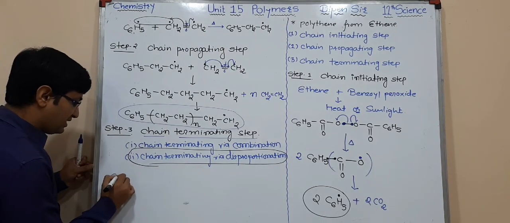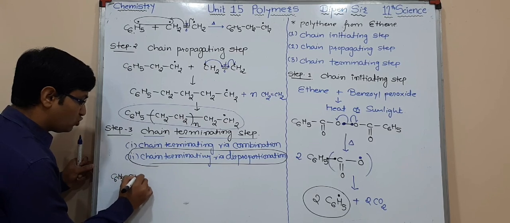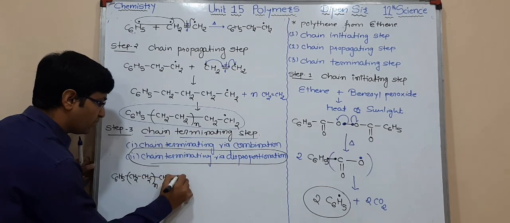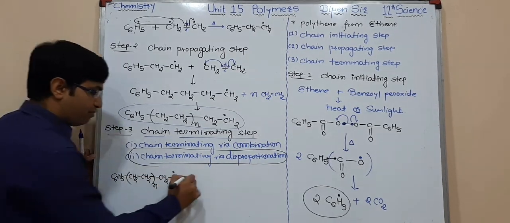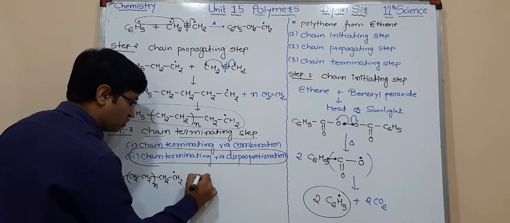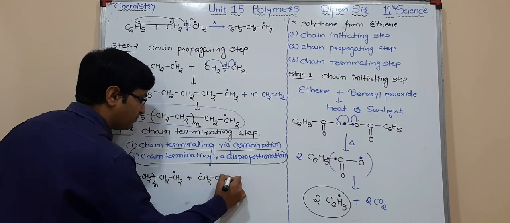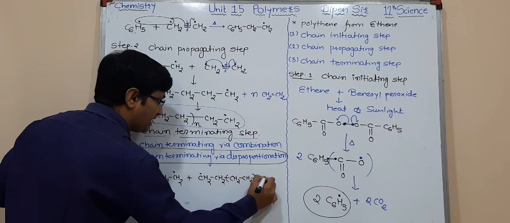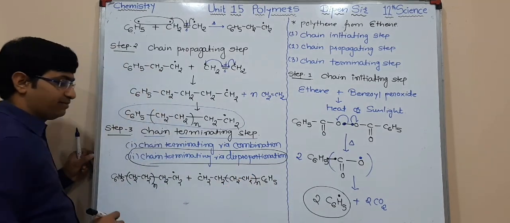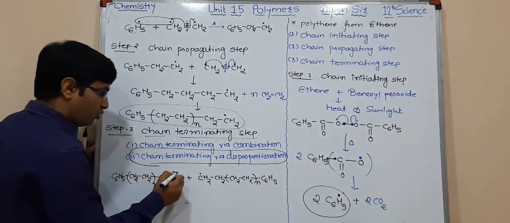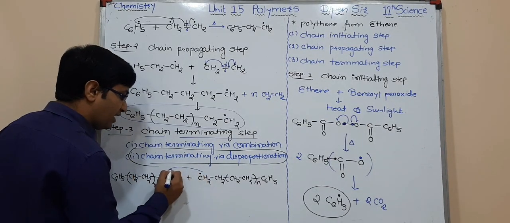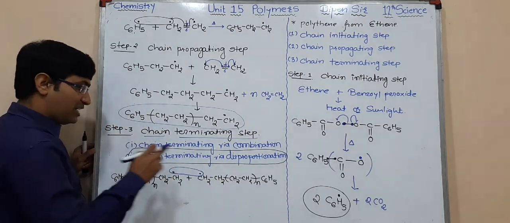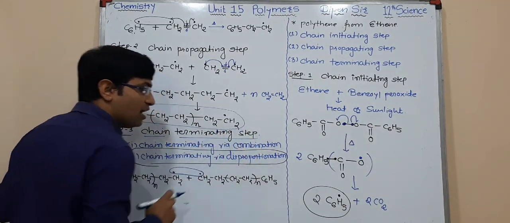That means C6H5 CH2 CH2 n times CH2 CH2 plus CH2 CH2 CH2 CH2 n times C6H5. Both long chains of free radical are going to make a bond and combine with each other. That's why we can say this is a chain terminating via combination.